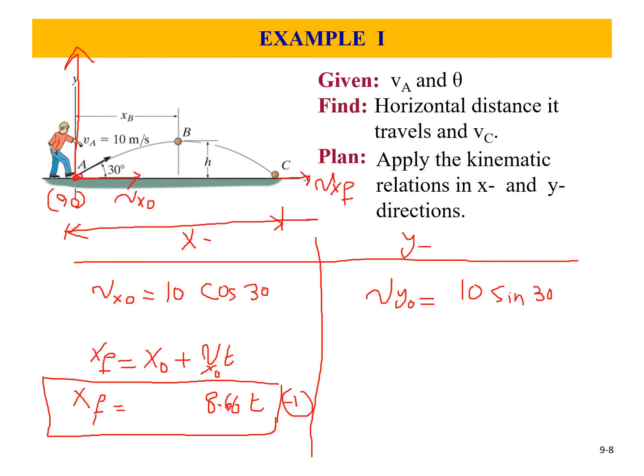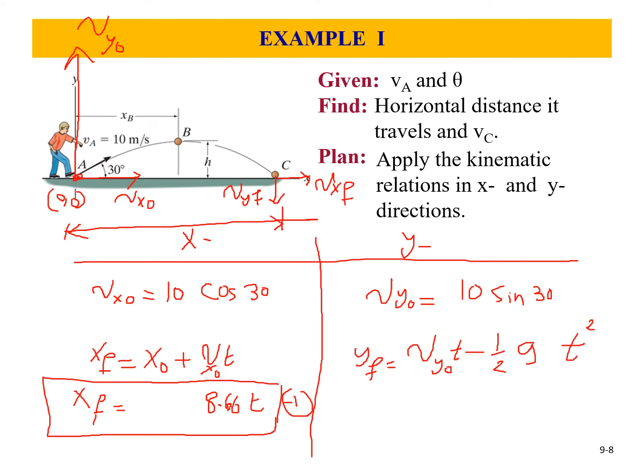On the y. So I will say that the y final equals vy0 t minus half g t squared plus y0. Now, this is y0, vy0, and the one that we need is this one, y final, right?